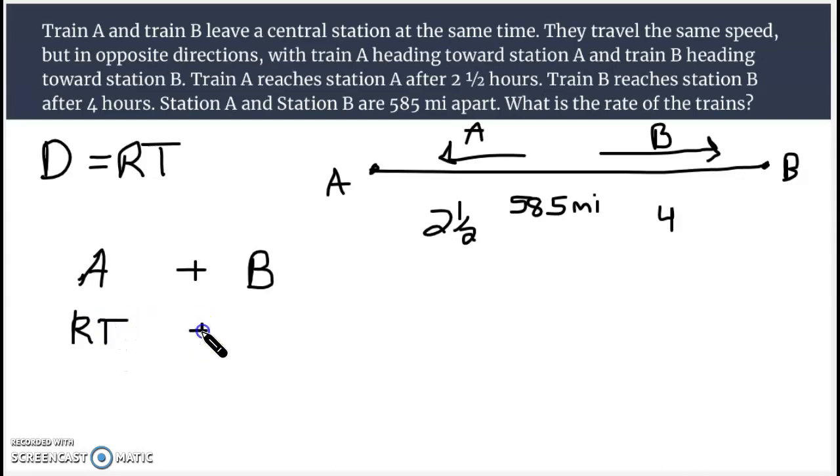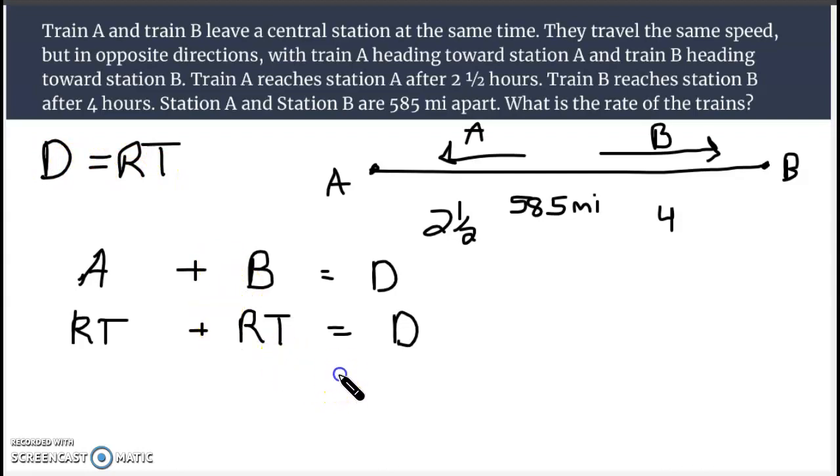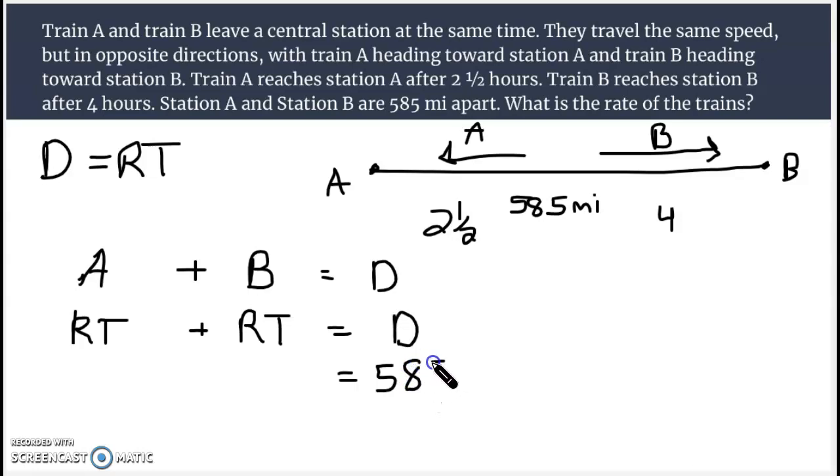The distance of Train B could also be calculated by its rate times time. And doesn't it make sense that they both are going to add up to that total distance? Rate times time of Train A plus the rate times time of Train B will add up to the total distance of 585. So remember the formula, distance equals rate times time. They're both going to add up to make 585 miles.